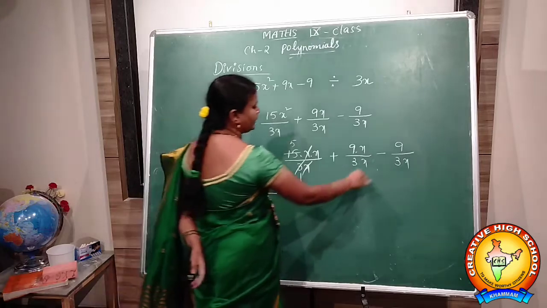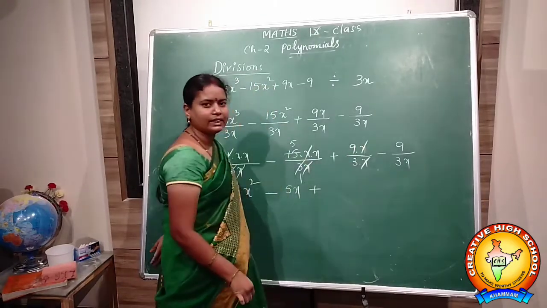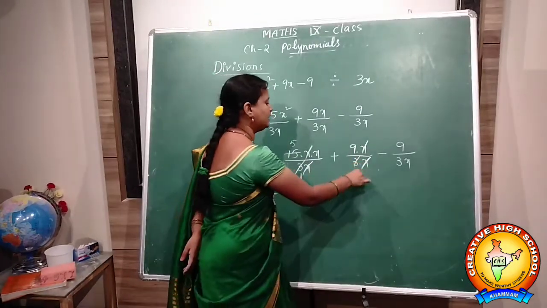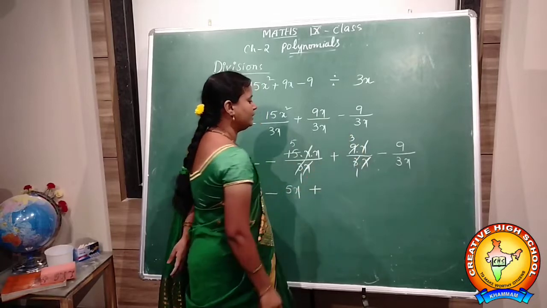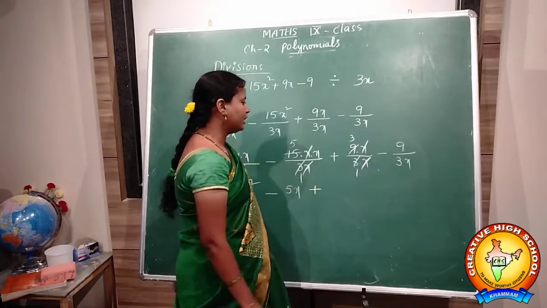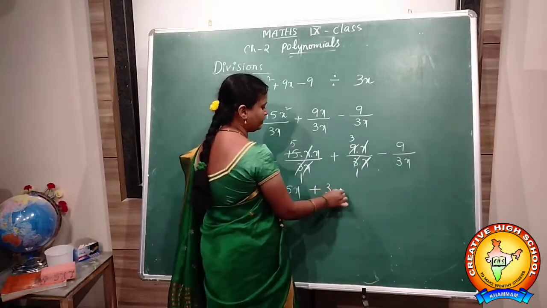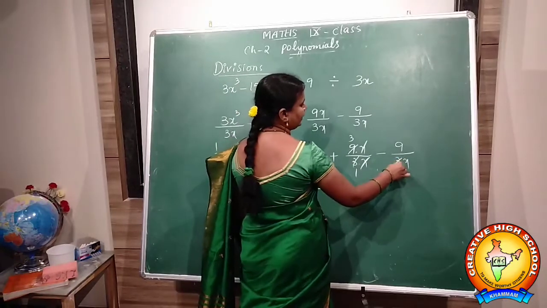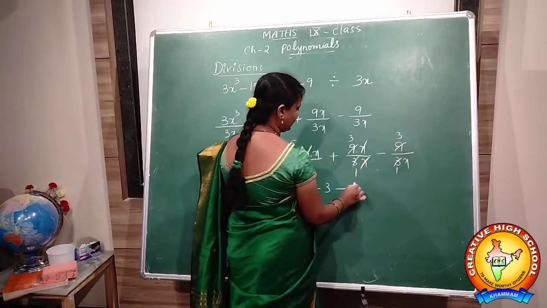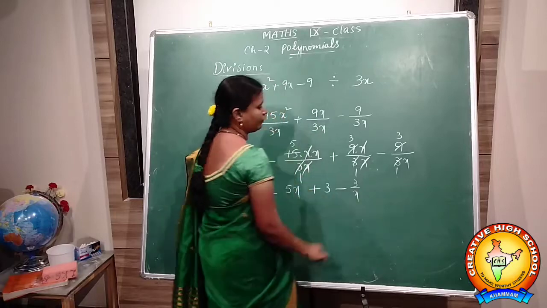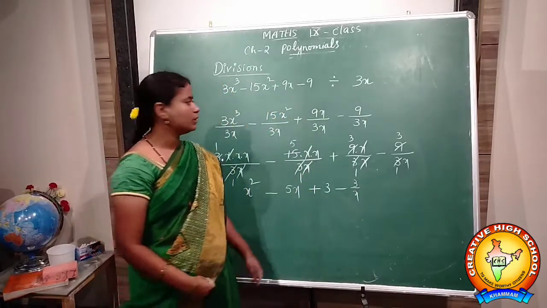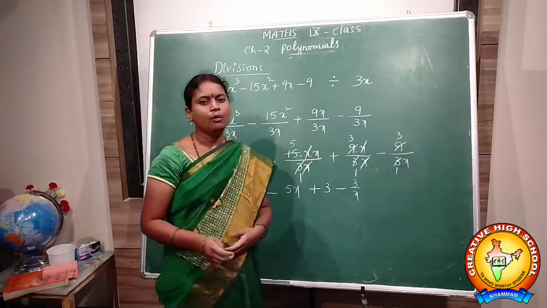Plus here also x gets cancelled. 3 ones are 3, 3 3s are 9. So what is left here? Only plus 3 is left. Minus, here 3 ones are 3, 3 3s are 9, so 3 by x is left. So this is the way to divide a polynomial with a monomial. Let us see some more examples.